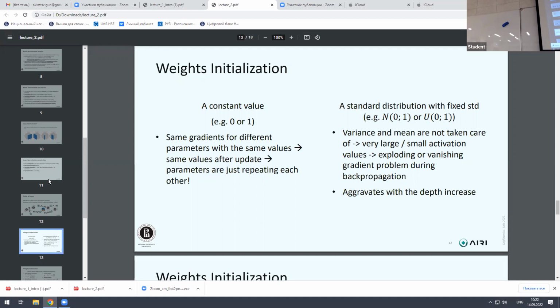If we have one layer, that's probably okay. If we have 10 layers, the variance on the last layer will have some very large values, I don't know, probably 15, 20, and if our output is especially rescaled, it will lead to very large gradients. That's the problem with a fixed standard deviation.